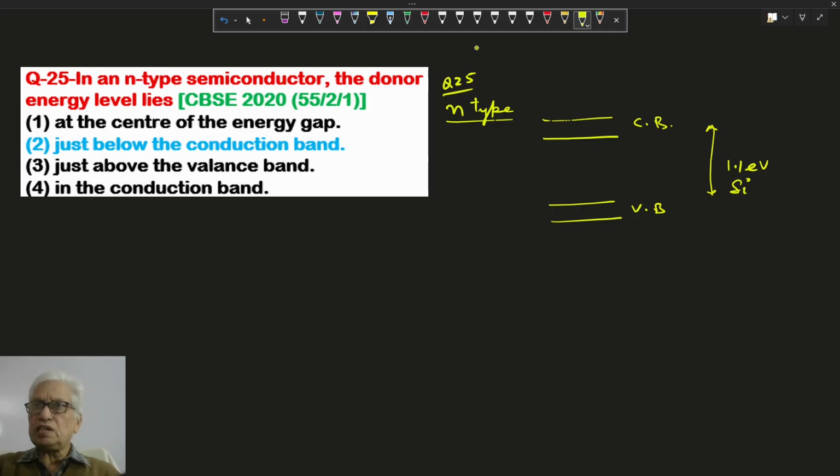And the donor energy state, the pentavalent energy state, is somewhere here at a gap of only roughly 0.01 electron volt. This is the donor energy level just below the conduction band. So option 2 is correct.